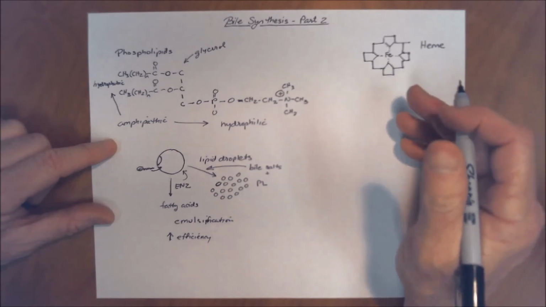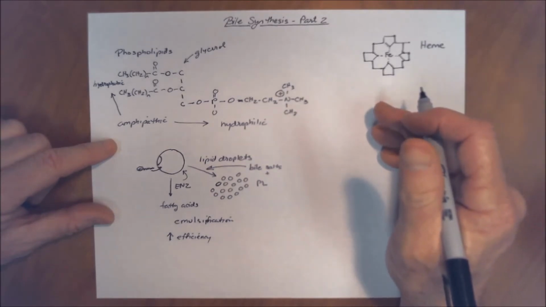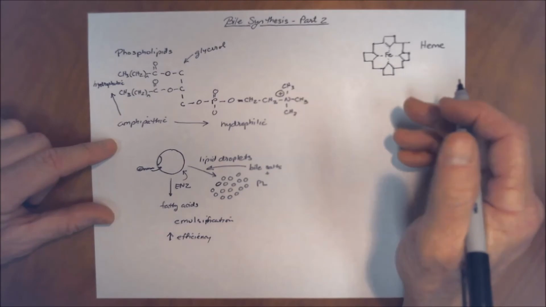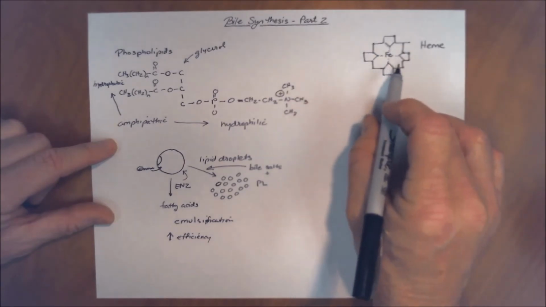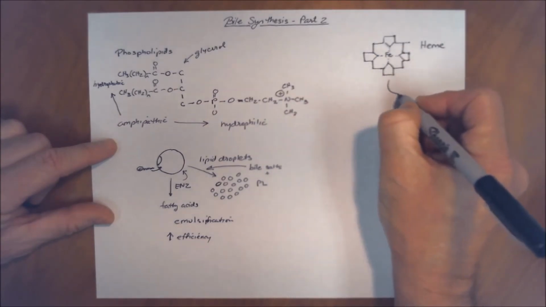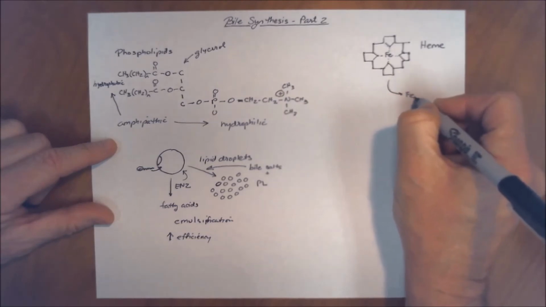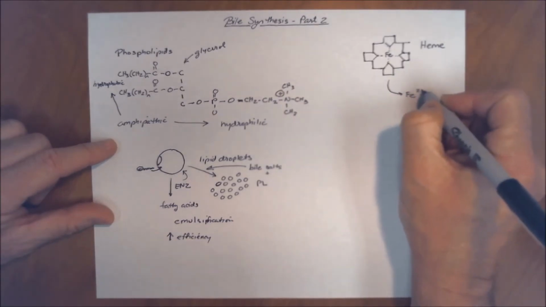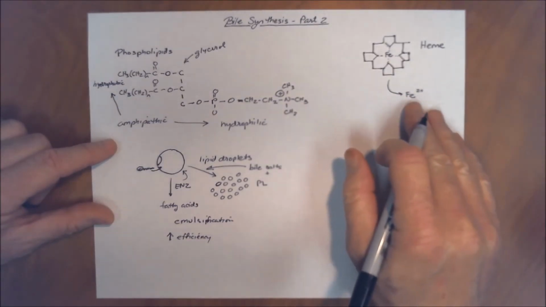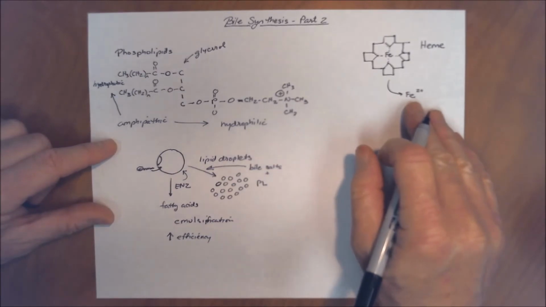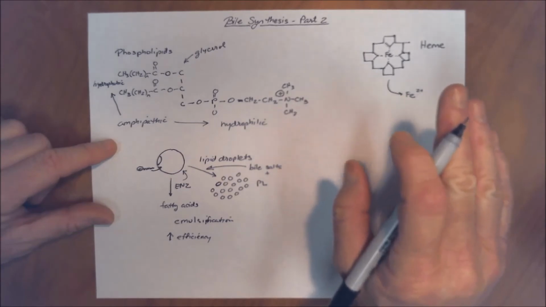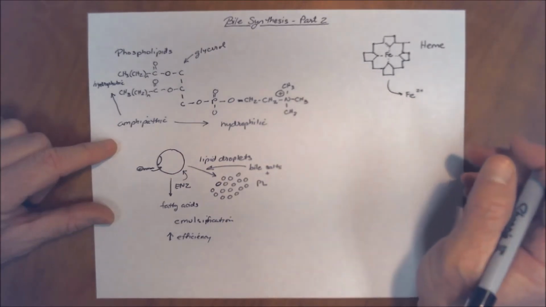The hemoglobin will then be digested by proteases in the macrophage. And in order to degrade the heme, the first thing we're going to do is remove the iron. The iron, of course, is recycled and used for new red blood cell synthesis. The heme, however, must be degraded.